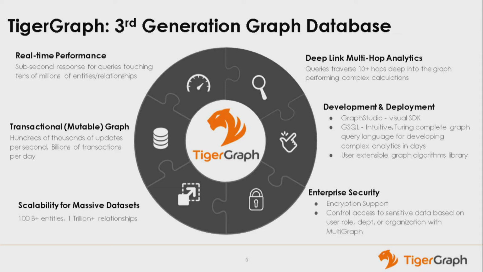To give you statistics, we have a customer in production with a 1 trillion property edge graph. For those of you who are RDF, a 1 trillion property edge graph is several trillion RDF edges. Okay? And that is in production. It is also a scale up system.